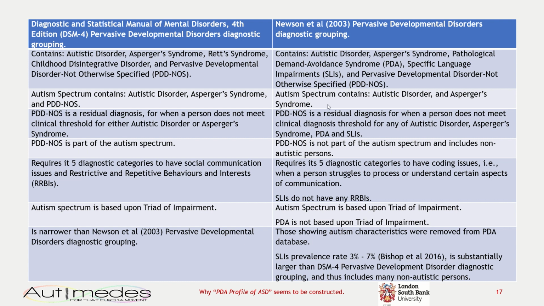Whereas the autism spectrum in Newson's thinking is autistic disorder and Asperger's syndrome. We know this because her diagram literally only has autistic disorder and Asperger's syndrome on it. She also tells us in the supplementary notes that that is what the autism spectrum is.